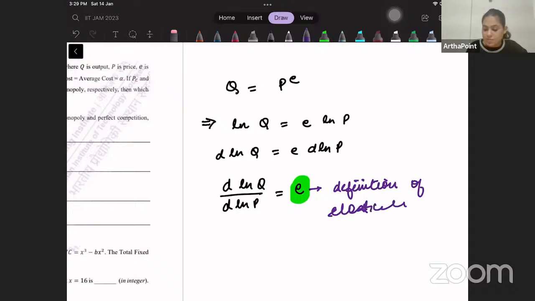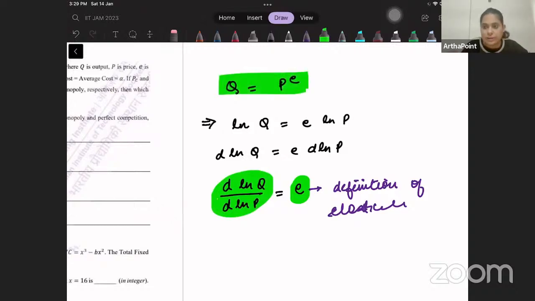That elasticity is percentage change in quantity due to percentage change in price. And you can write that as d ln Q by d ln P. So which means this is correct. This is what they have mentioned here.